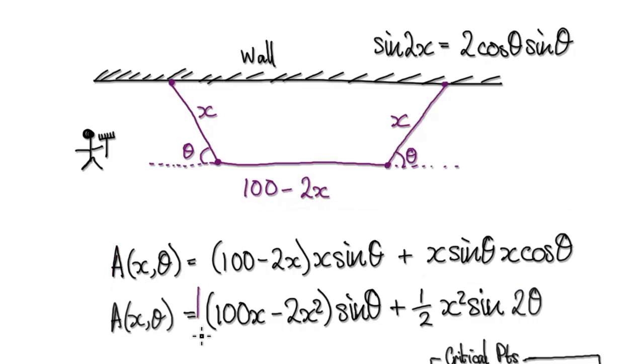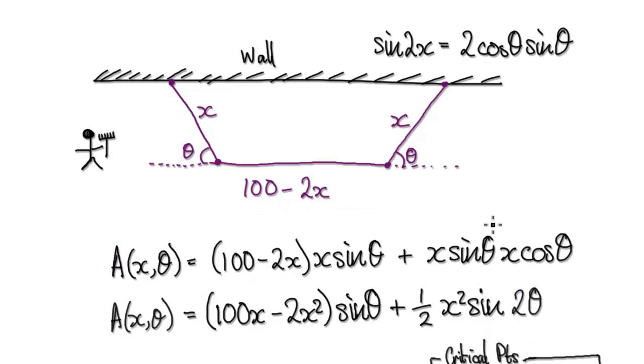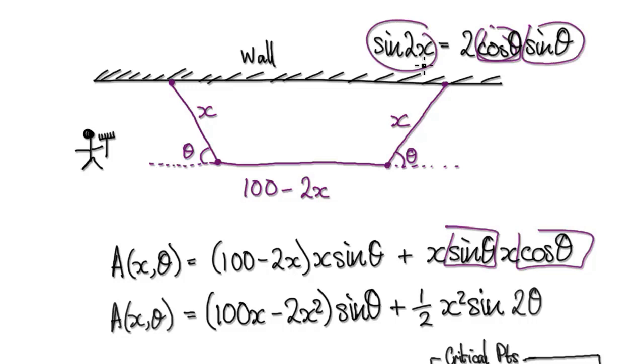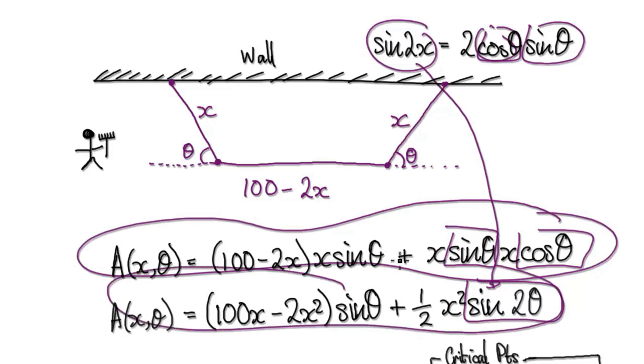That will take us to here, because whenever you have sine and cos, you can replace it with this thing here. So tidy this whole thing up, and that will give us this thing here.